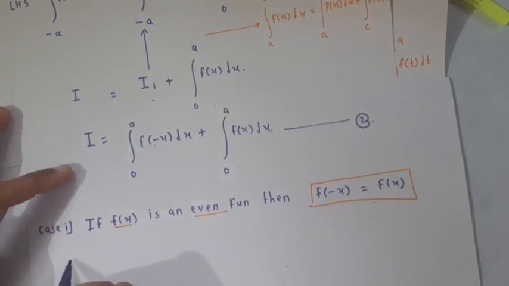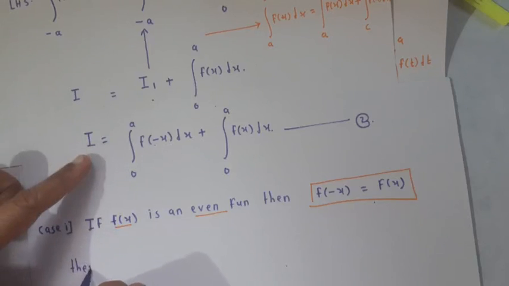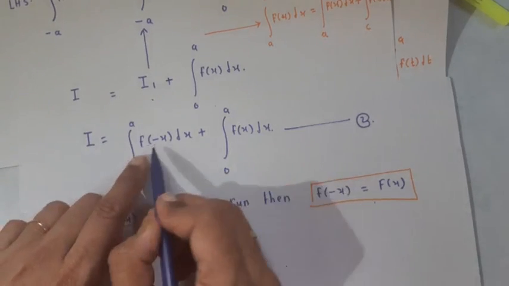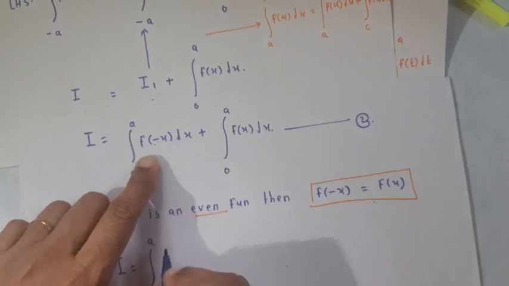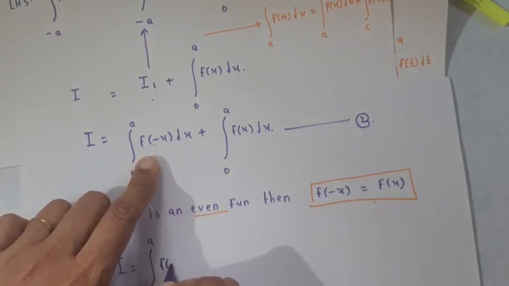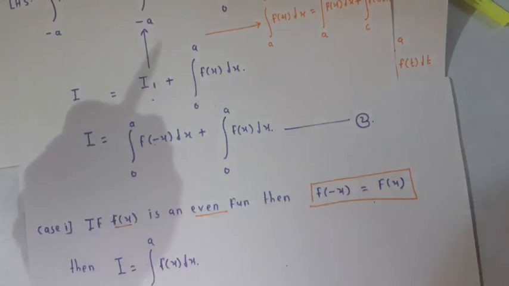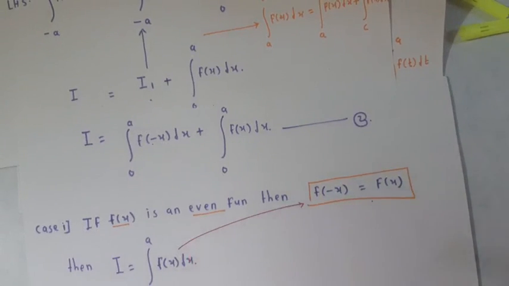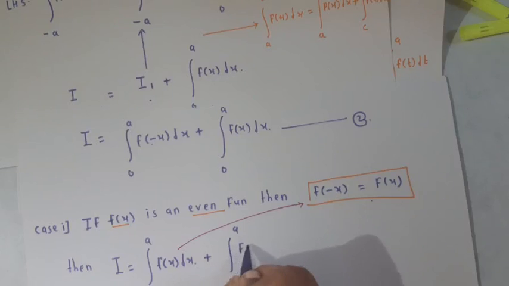Then integration I equal to 0 to a, and this f of minus x is f of x with respect to x, because this is the even function, plus 0 to a f of x with respect to x.